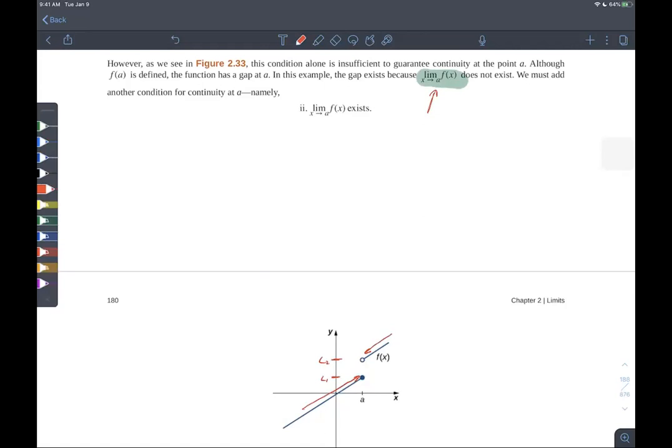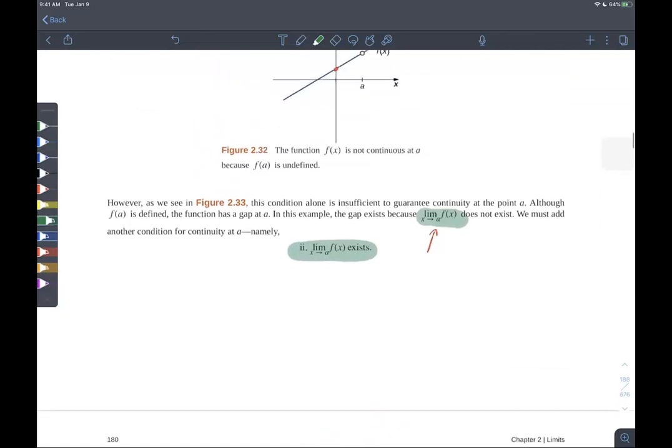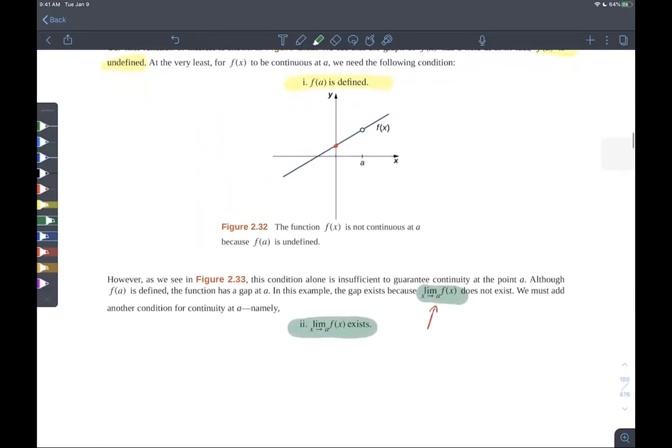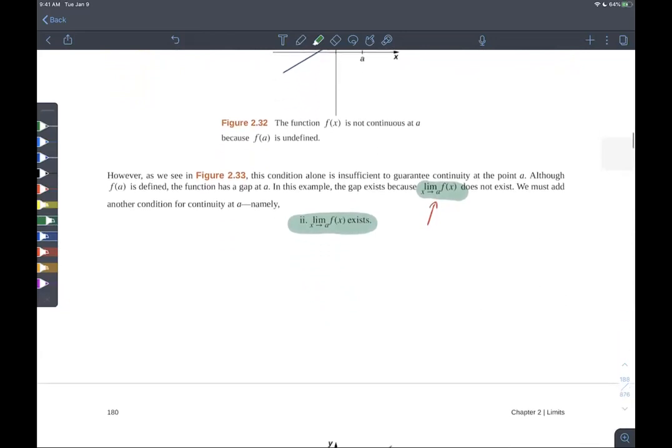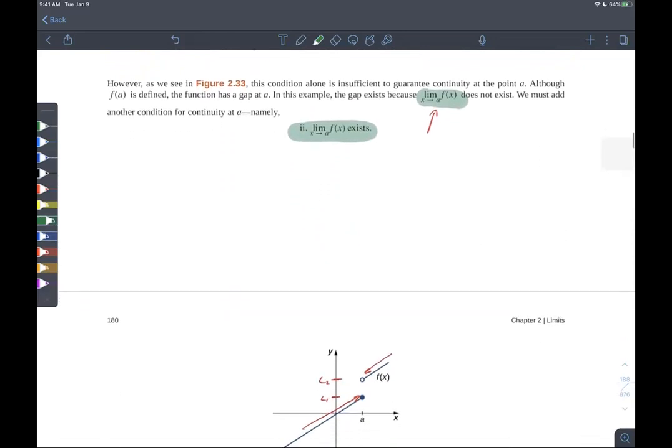So we must add another condition for continuity at a, namely, the limit as x approaches a of f of x exists. So we have f of a is defined as our first condition. The limit as x approaches a of f of x must exist.